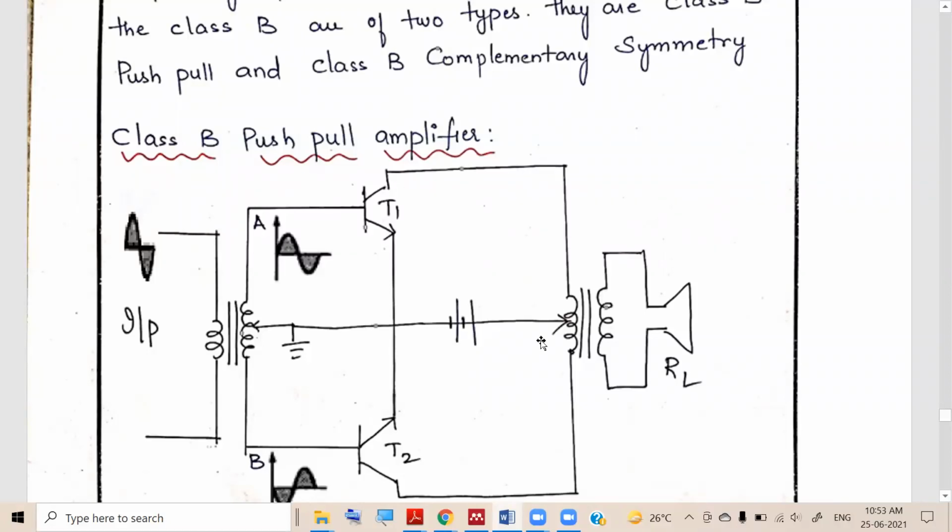But we have two collectors, and each collector will draw DC current from the DC source, right?